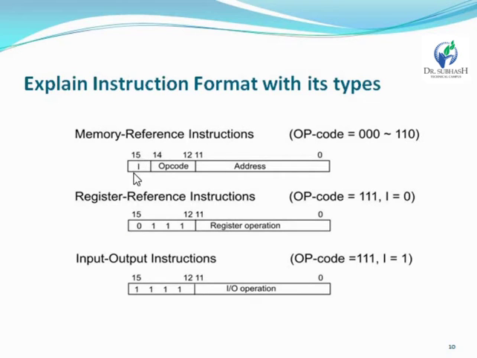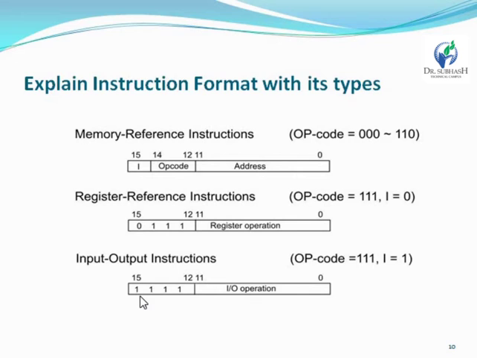This 0 indicates I, which means I equals 0. Then the last, input output instruction: bits 0 to 11 are the IO operation, the remaining 3 bits are 111, and the last bit is I equal to 1. So this is the instruction format.